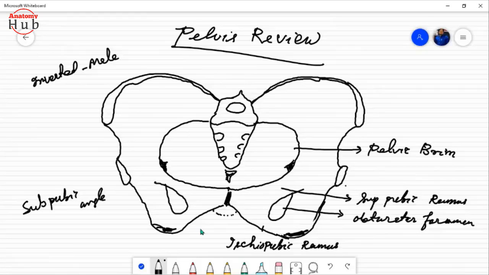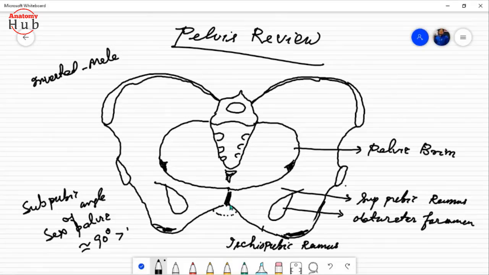This subpubic angle determines the sex of the pelvis. Okay, so here if the angle is approximately 90 degrees or more than 90 degrees, then it is considered as female, because it needs more space to pass the fetus.